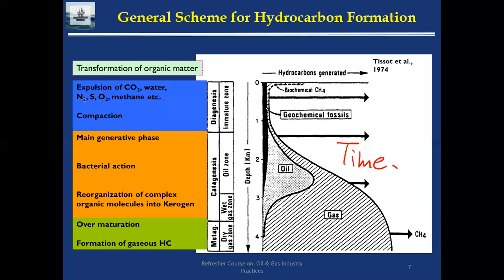So we have a few stages, that is diagenesis, catagenesis, and metagenesis, which indicate the formation of kerogens, the formation of crude oil, and alongside crude oil the wet gases, and then at the metagenesis stage you have the dry gas zone, right? So altogether this is a complete understanding of how hydrocarbons undergo transformations, and how they eventually end up being crude oil or natural gas.